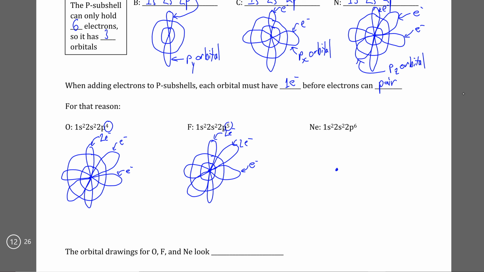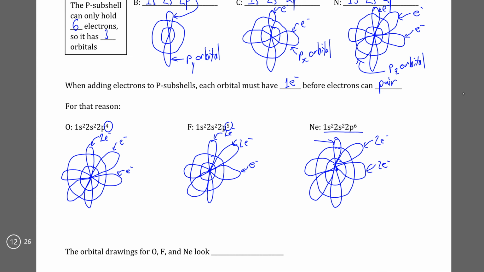And then finally, neon, as you can predict, 1s, 2s, 2px, 2py, and 2pz. And because all of neon's orbitals are full, that means that each of the p orbitals, pz, px, and py, will all have two electrons in them, showing that each of these orbitals is necessary, because that is actually what allows electrons to pair, because each orbital can only hold two electrons maximum.